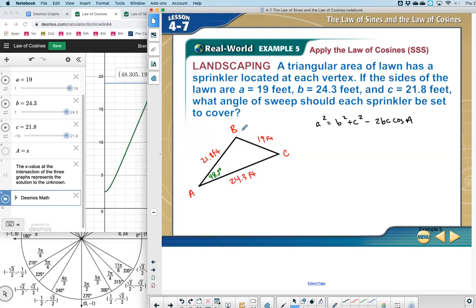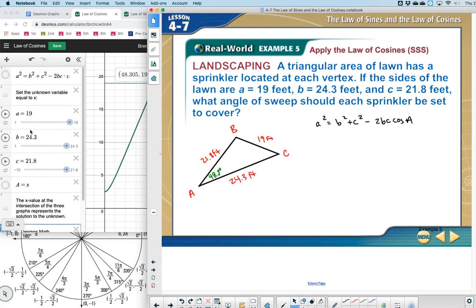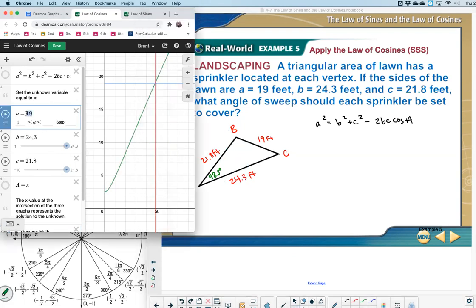And how would you find the others if my calculator only gave you one? Well, you just switch the order. Whatever you put in the place of A, this will solve for its partner. So if I wanted to find B, I would rearrange it: I'm going to put the 24.3 where A was, and switch 24.3 and 19.